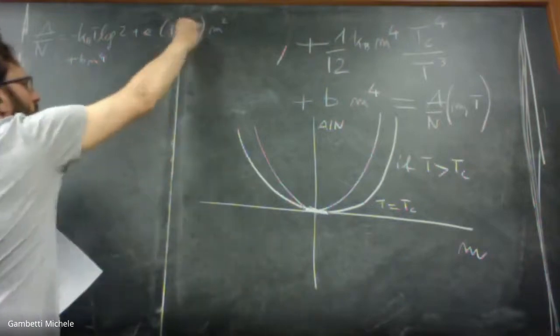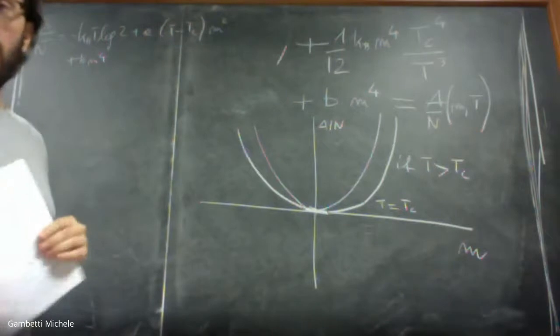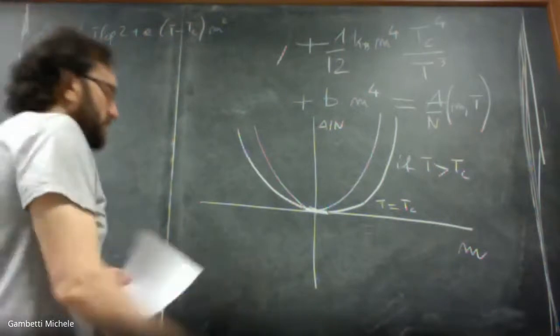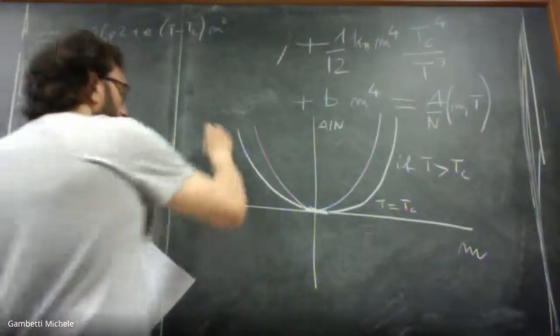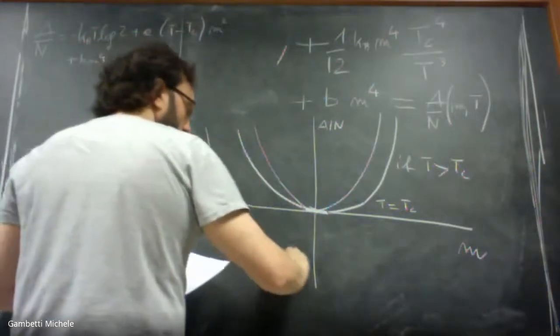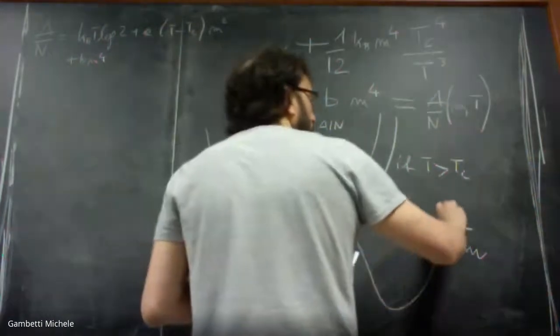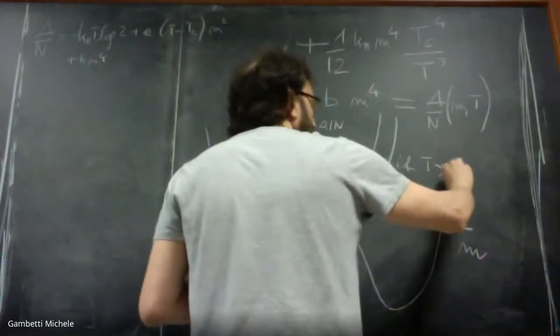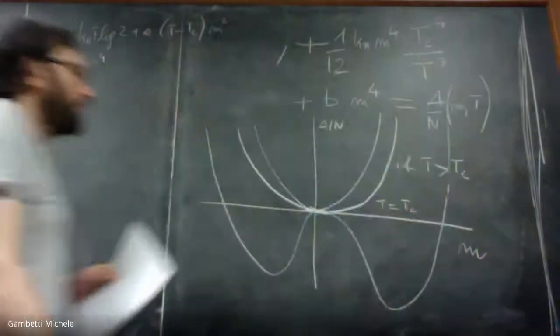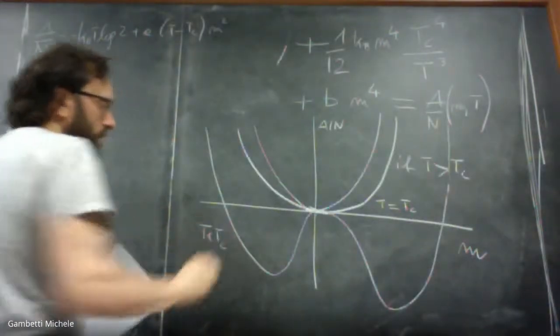Now, if t is smaller than tc, then you see that this is negative, and the behavior is completely different now. And it's actually provided by something like this, which in 3 dimensions would be the famous Mexican hat. So this is for t smaller than tc.